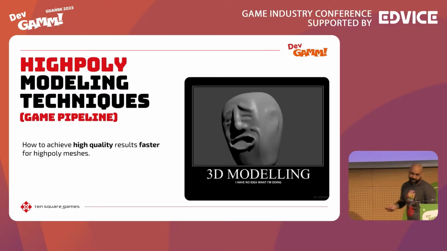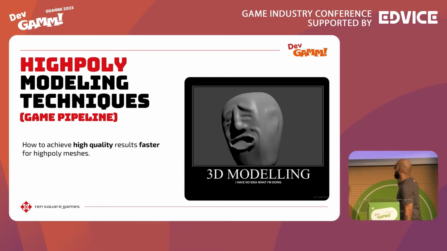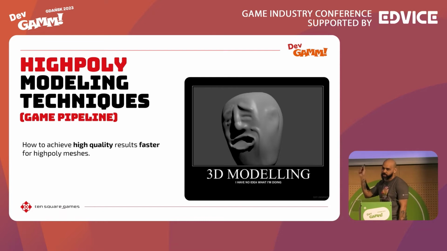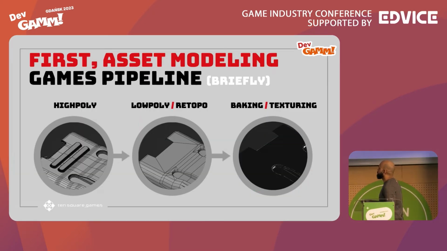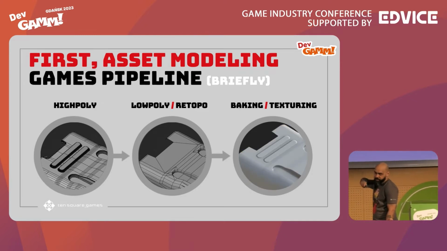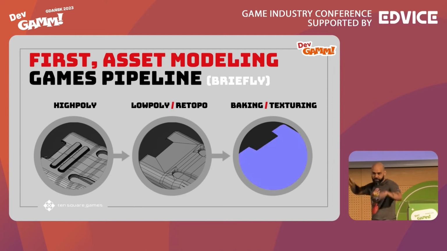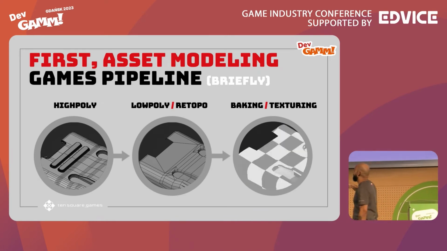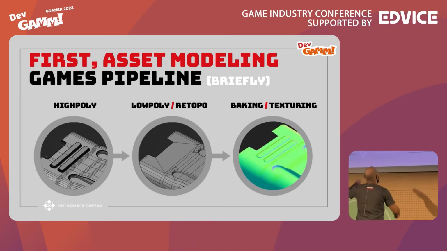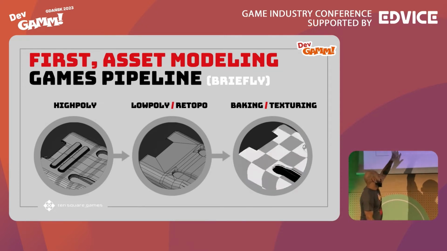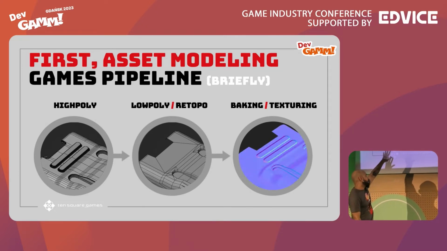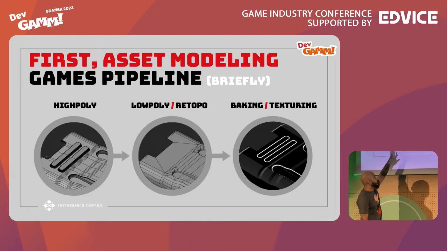This is about hard surface techniques because it took me a lot of time to not struggle more in doing hard surface for games. And just to check if you are all on the same page, maybe for some of you it's a little bit basic, but to make everyone on the same page: the basic process for assets in games is you have the hard surface, or the high poly, which has all the details that you want.